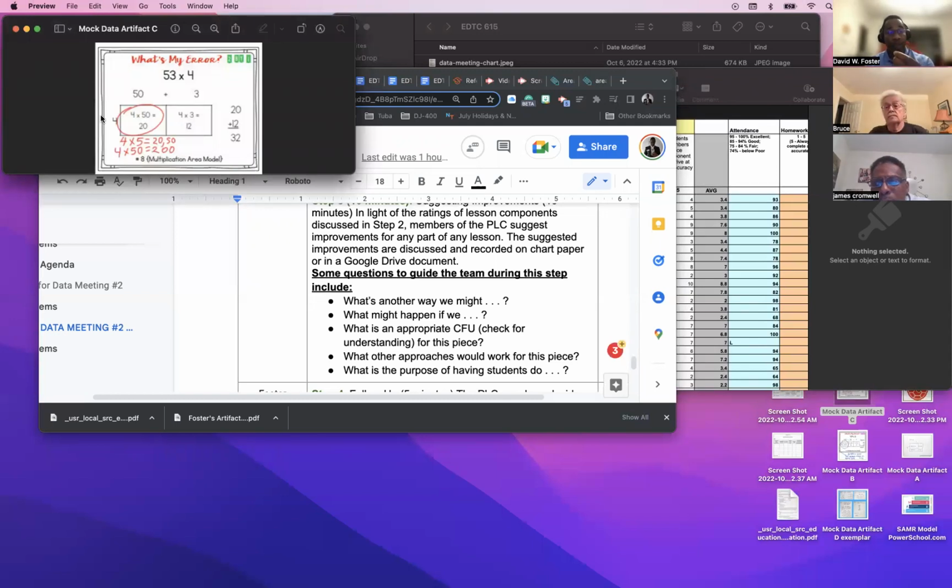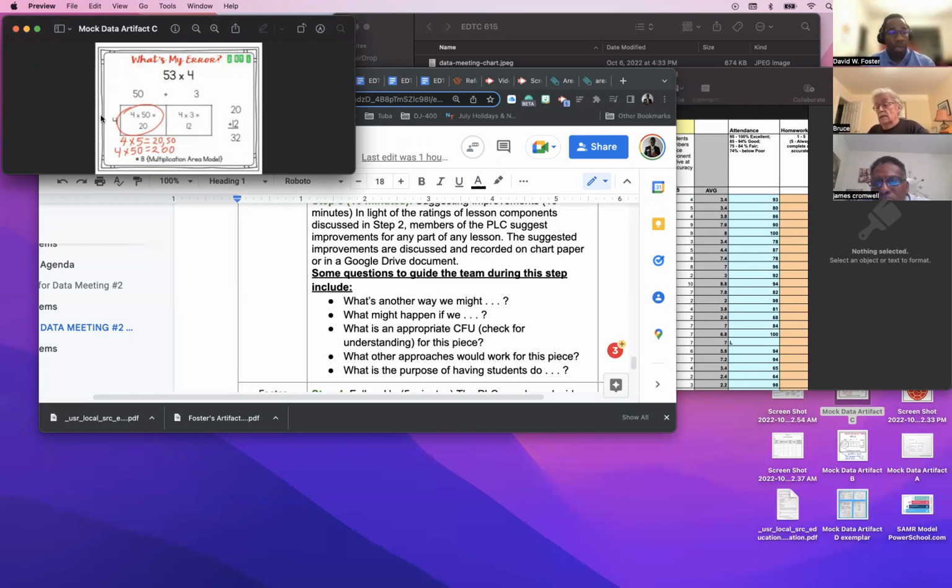Then you would bring up your storyboard sequence and say, okay, here's the artifact, here are the scores. What might happen if we included this piece of technology or that piece of technology?